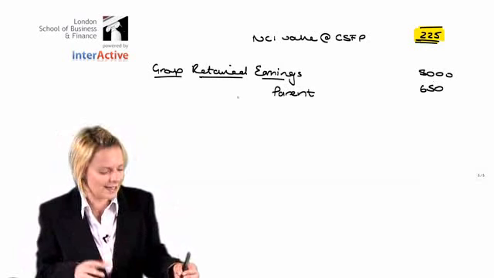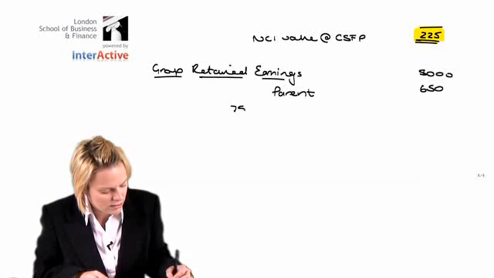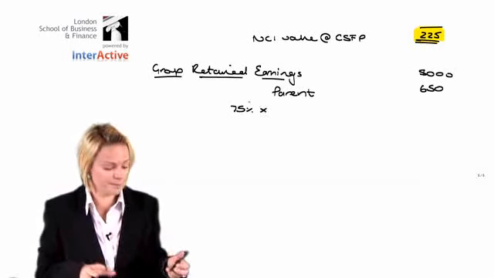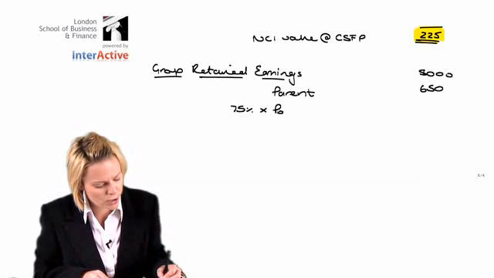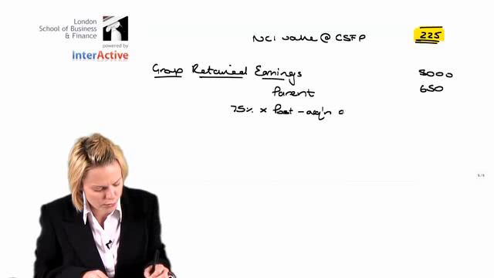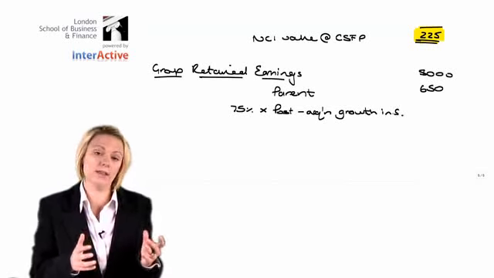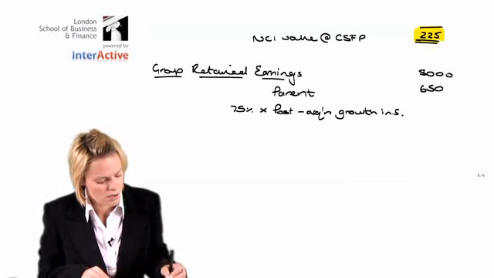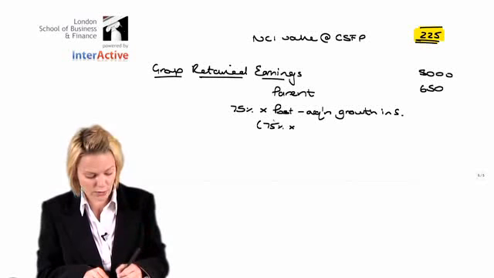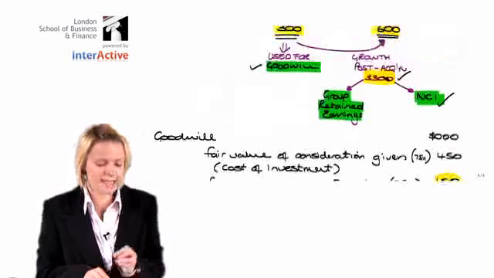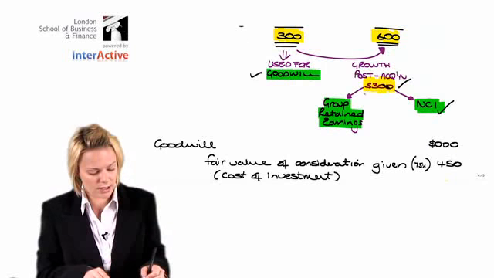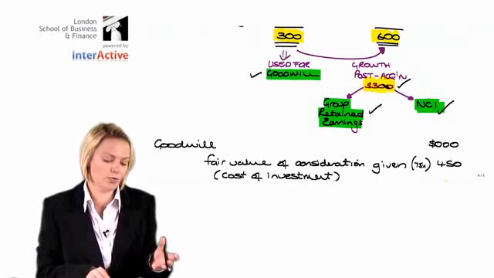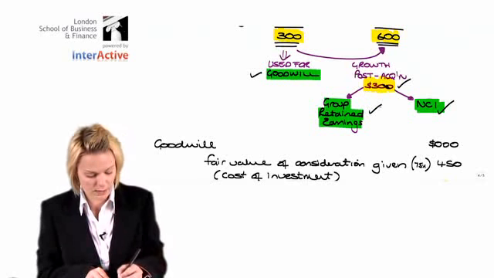So, we're then going to add to that 75%, the group share of the post-acquisition growth in the subsidiary. So 75% of the growth, which we worked out in the net assets list as 300, is now going to be taken to group retained earnings.